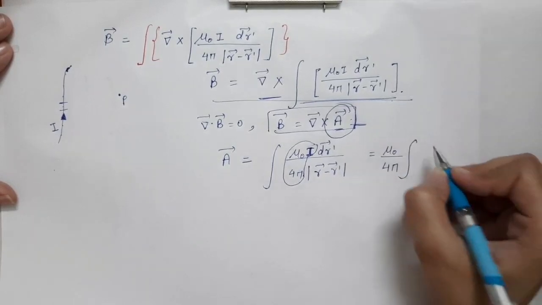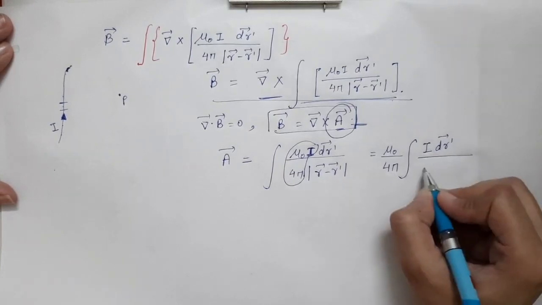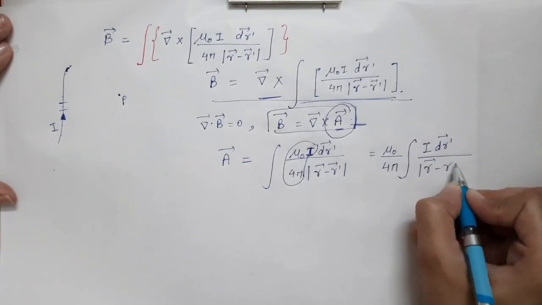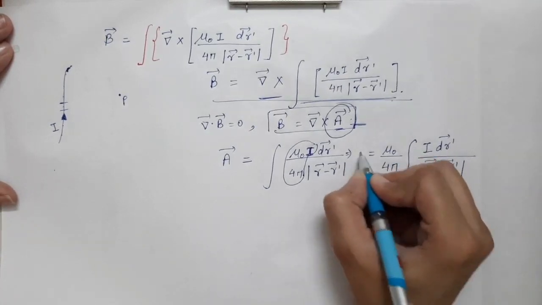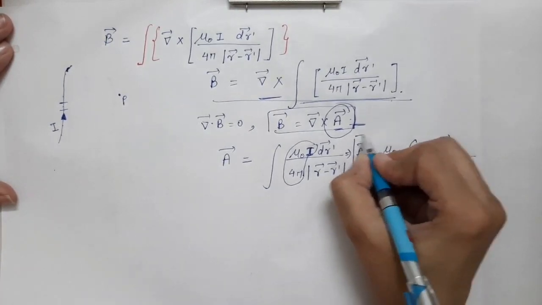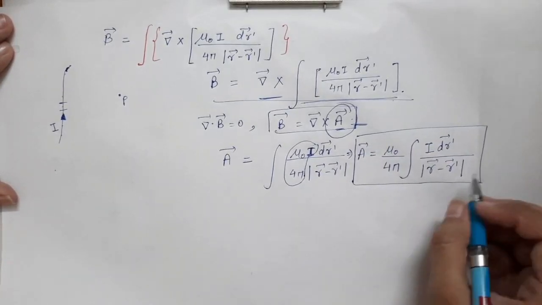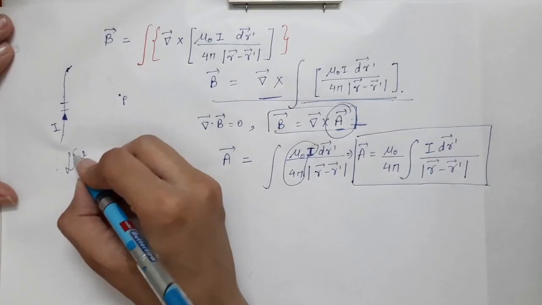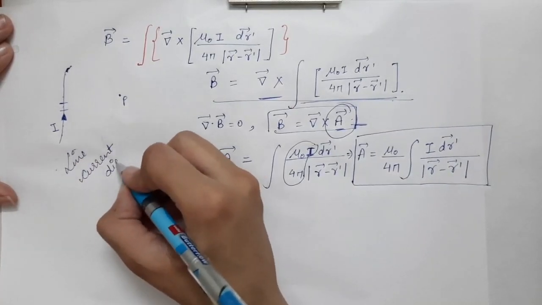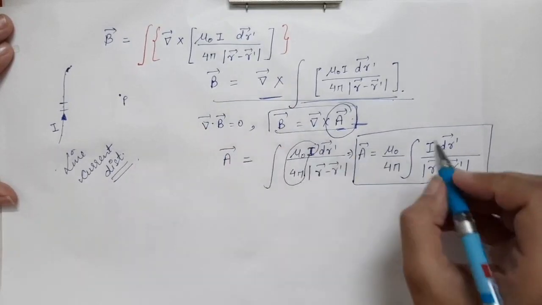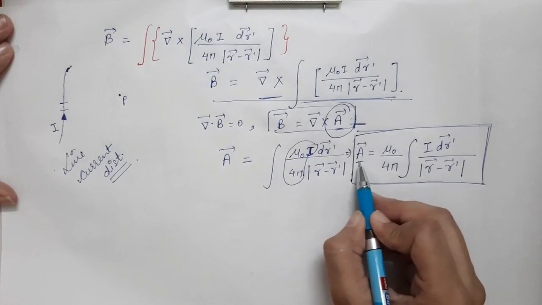So that will be equal to mu naught by 4 pi times the integration of I dr prime vector divided by the magnitude of r vector minus r prime vector. This is the expression of magnetic vector potential when you have a line current distribution. This is an important formula that we have derived.